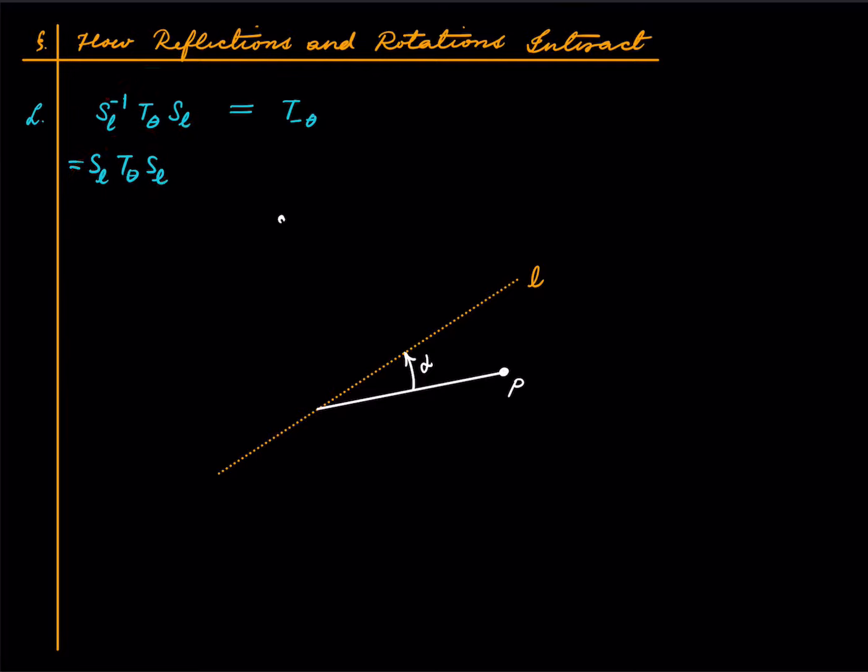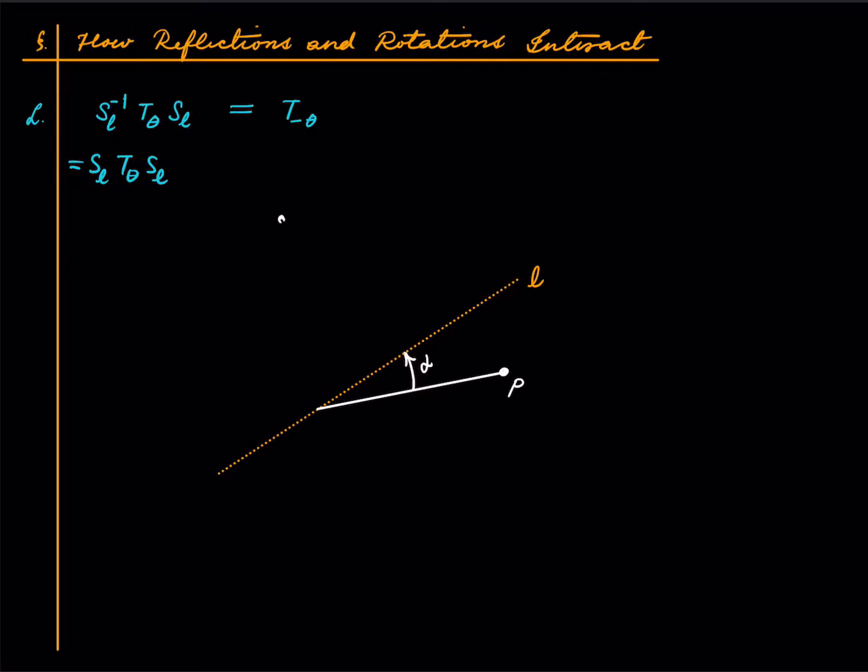Anyway, the thing that we want to say is that this three-step process is actually just a one-step process, which is rotation by minus theta, meaning rotation in the clockwise direction by theta. So let's see a proof of it. We fix some point P, which is, let's say, making an angle alpha with L in the anti-clockwise direction.